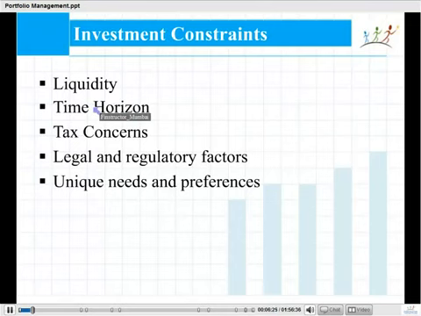Normally, every investor will have 2 time horizons, in the case of individual investors, that is. One is pre-retirement, another is post-retirement. So time horizon is any period after which the characteristics of the portfolio are expected to change significantly.